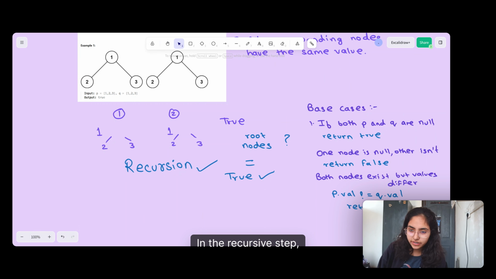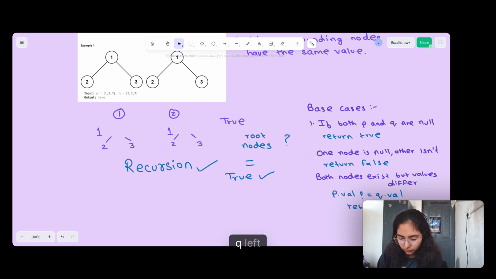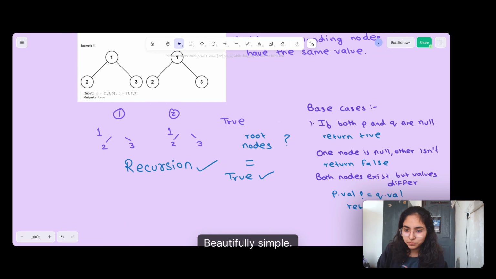In the recursive step, we simply check if the left subtrees are equal. That means we call the same function on p.left and q.left, and p.right and q.right. Both must return true for the overall trees to match. Beautifully simple. So let's move on to Java code.